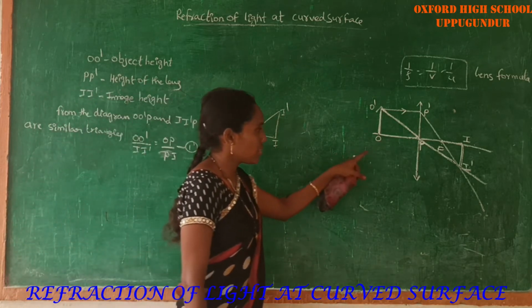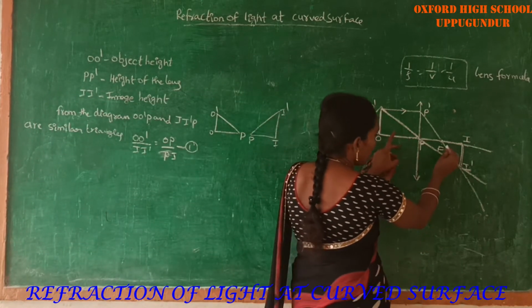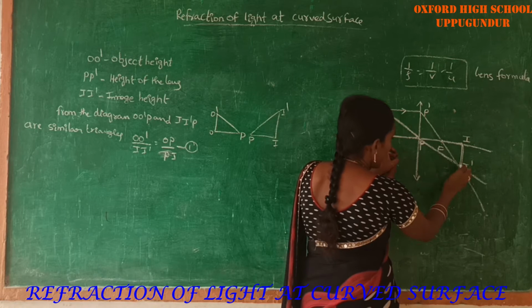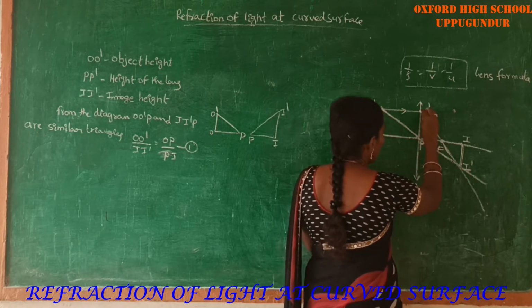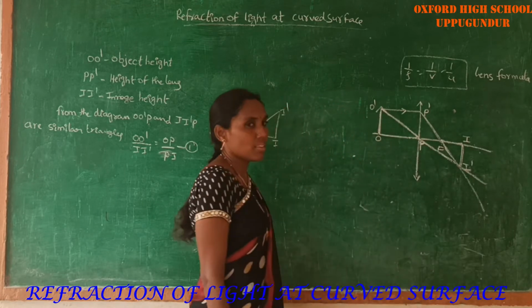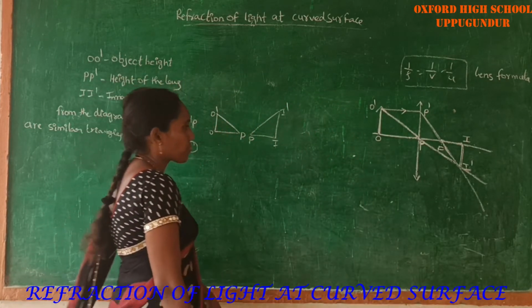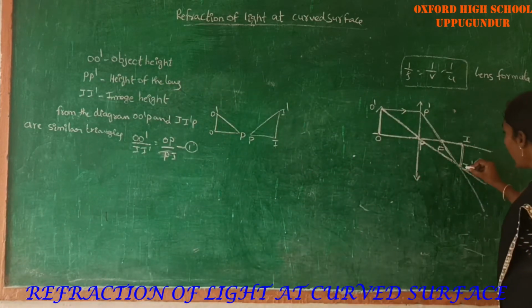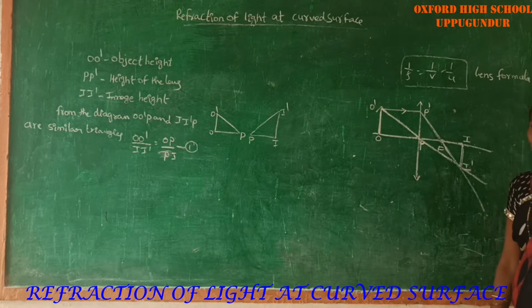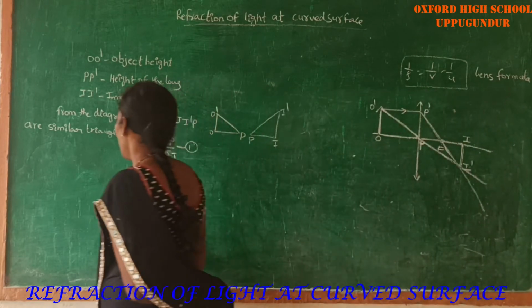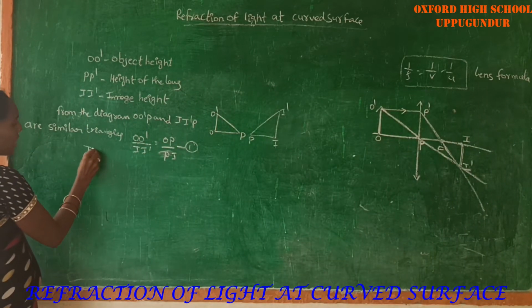See the next similar triangles. I dash F is one similar triangle and P dash F is another similar triangle. I dash F is one triangle and P dash F is another triangle.